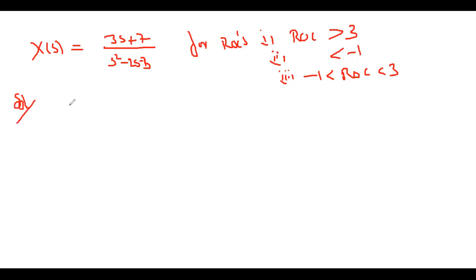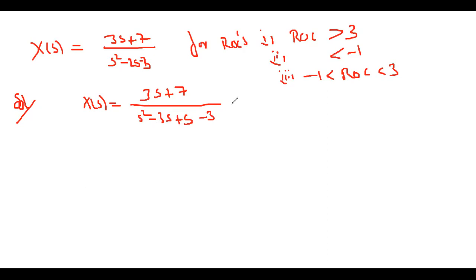Okay, my dear students. Now let us see. You can factor s square minus 2s minus 3 using minus b plus or minus the square root of b square minus 4ac, or otherwise you can directly write X of s is equal to 3s plus 7 by s square minus 3s plus s minus 3, since minus 3 into 1 gives minus 3 and minus 3 plus 1 gives minus 2s.